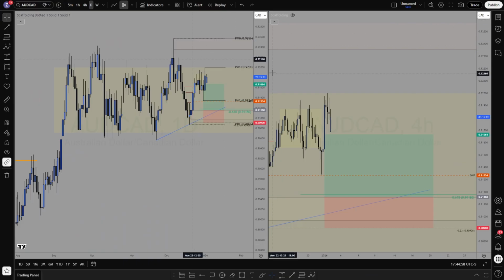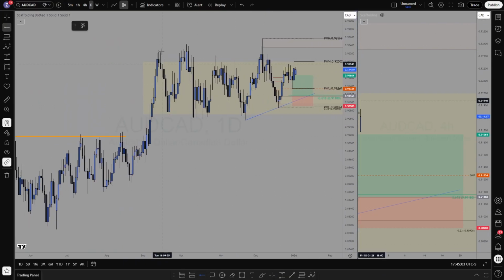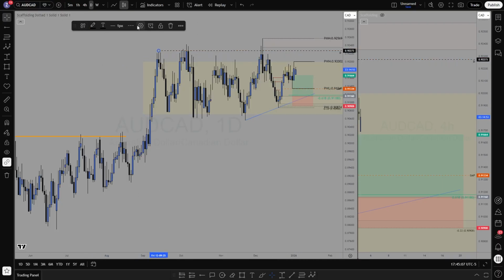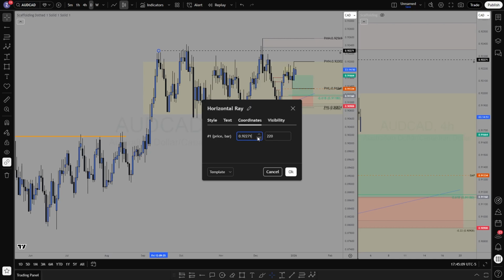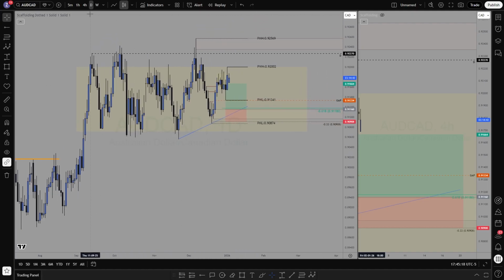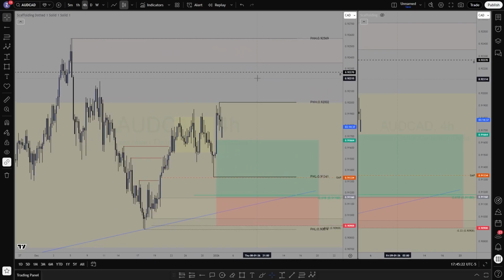and then on the left hand chart, if we look at AUDCAD on the daily, we can actually see that there is a level here around this price point. Let's just drop it, there we go, so around 92270. So that being said, this is assuming a potential reaction around that area, that price point again.